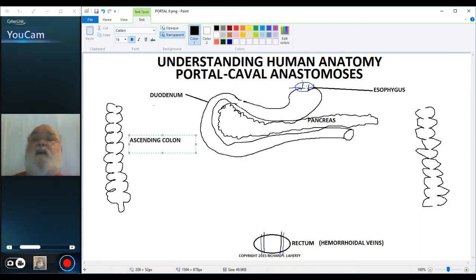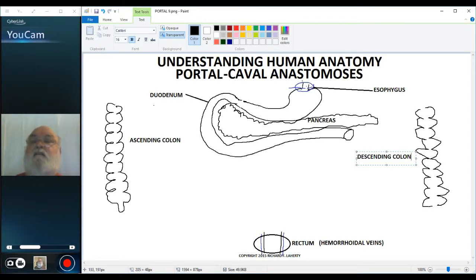So the ascending colon and the descending colon are the fourth and fifth areas where we have portal-caval anastomoses.